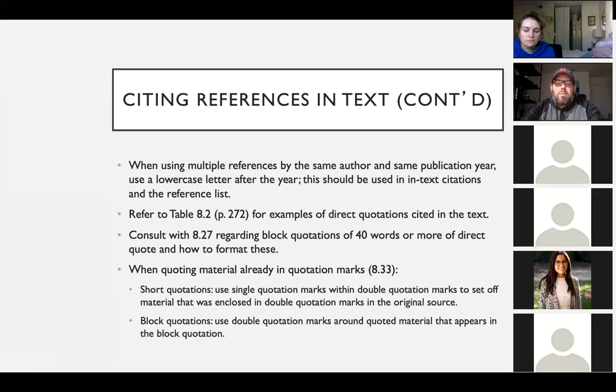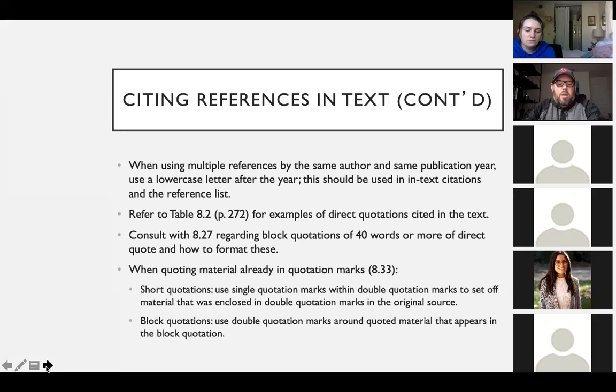And there's a specific way of doing that. So you'll want to consult section 27 in chapter 8 about some of the examples about how to format those. I would say though that we want to use direct quotes that are block quotes, like 40 words. That's a lot of words. So you may want to try to minimize the use of those as much as possible if you can.